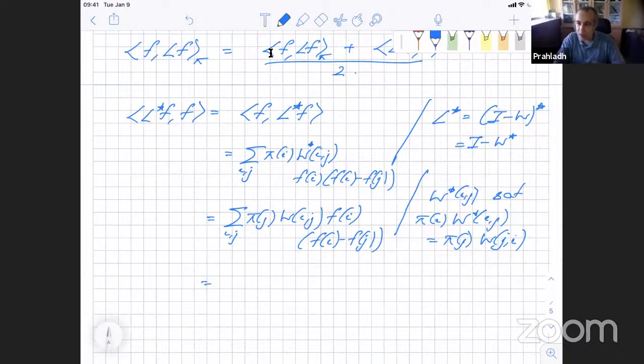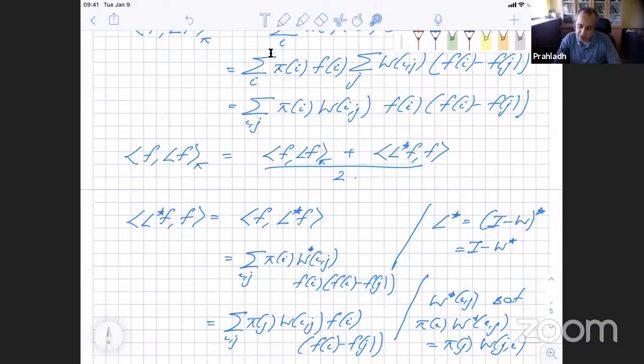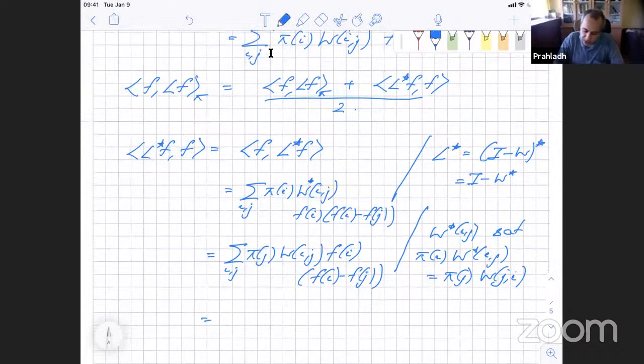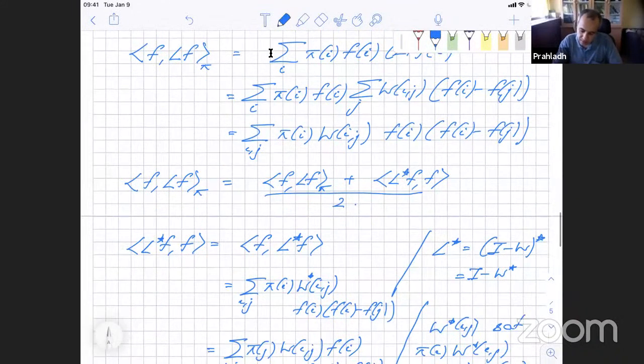Now this is almost like the other guy, except it's symmetric to this quantity, except it had pi I wij. This had pi j wij. So what I'm going to do is just reverse the meaning of I and j. So I'm going to say ij pi I wij. Flip the I and j. Just what was I equal j. So then this is fj into fj minus fi. Okay. So that's 1. This is 2.